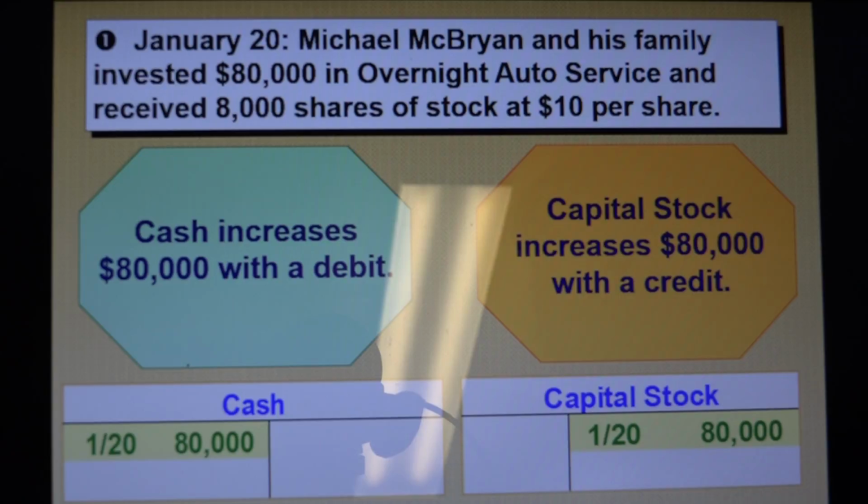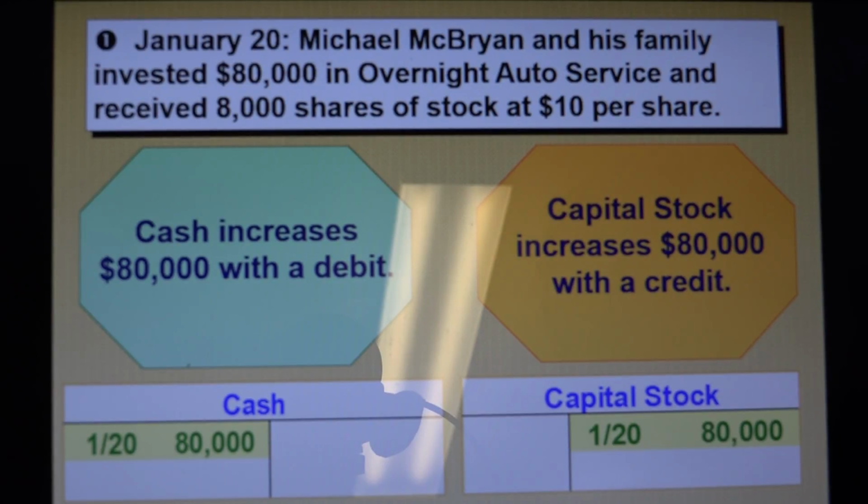So anyway, transaction 1, on January 20, Michael McBrien and his family invested $80,000 in Overnight Auto Service and received 8,000 shares at $10 per share. This is just like the one last time, except here we're using these T accounts to represent certain accounts in our ledger. And so we have the cash account. We increase cash by 80,000, so we debit cash.